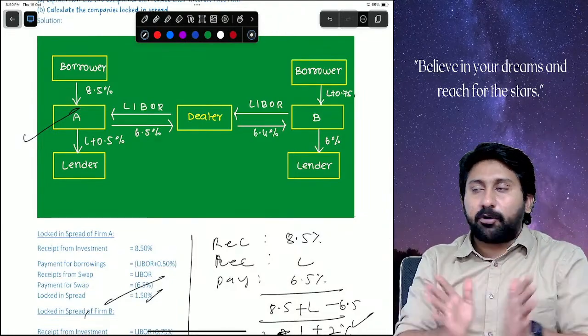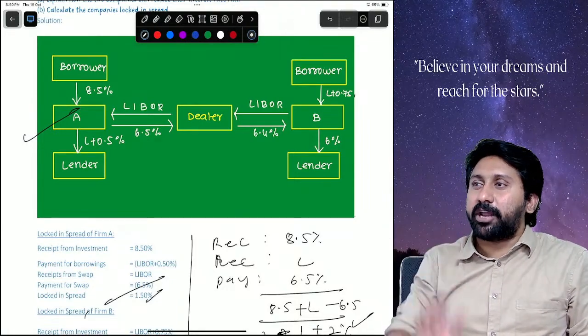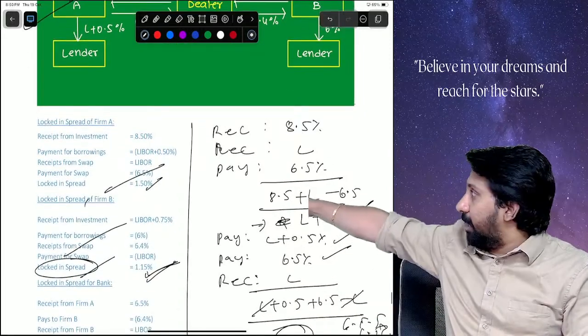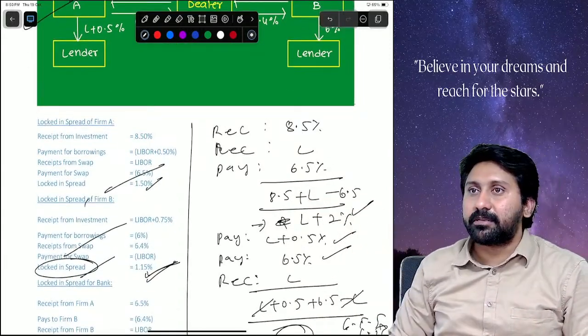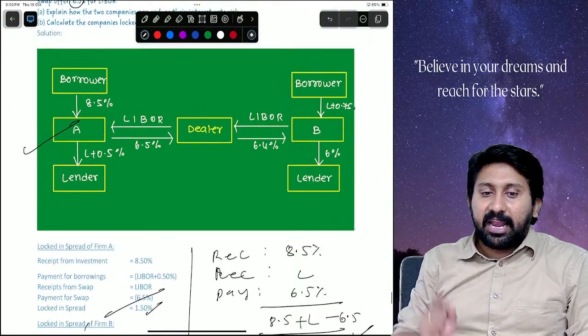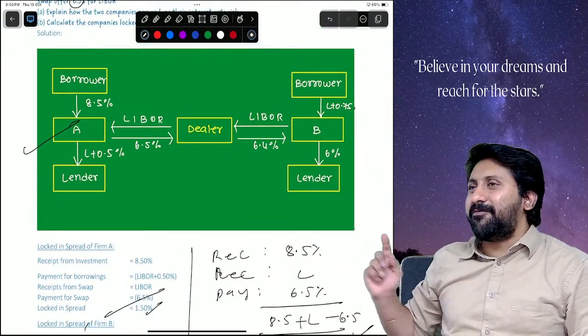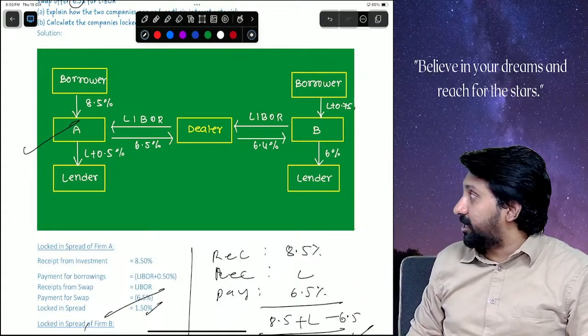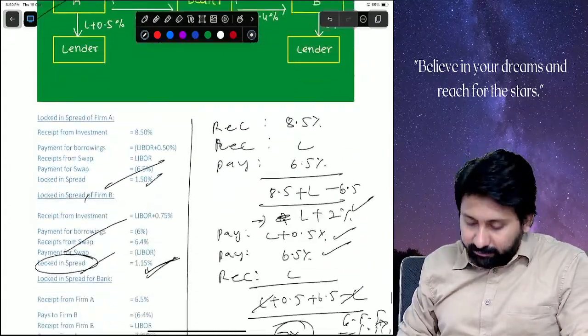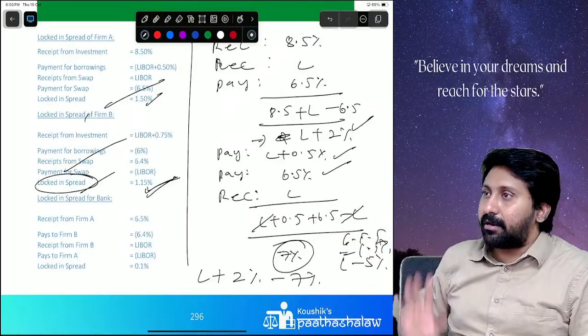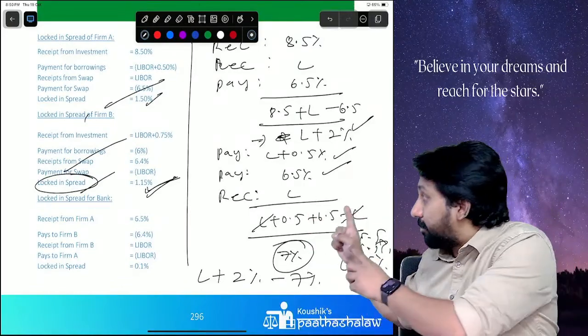Is 8.5 fixed or floating? Floating, converted to L plus 2%. Correct? Next. Second, I like to borrow in fixed or floating? Fixed. Original position is what? Floating. I want to turn into fixed. Converted to 7. Both are turned or not? Previous problems we stopped with this.